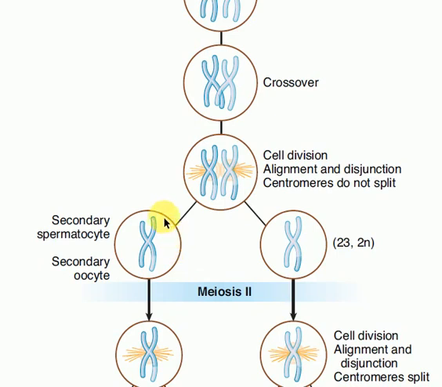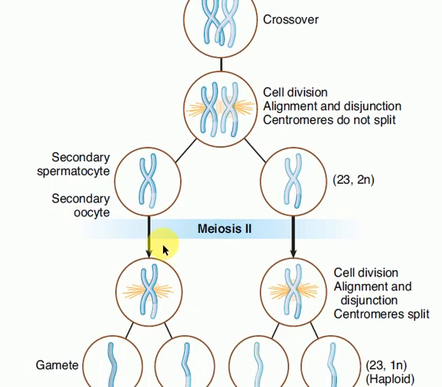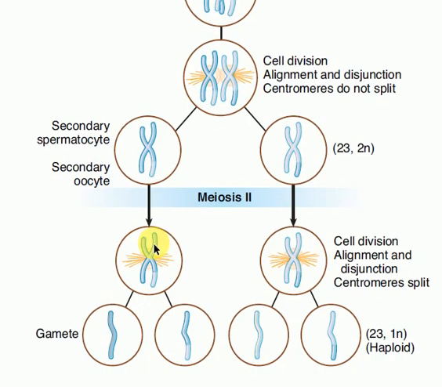And it goes up till the metaphase of the second meiotic division, and then it gets arrested once again. And it stays there, frozen in the metaphase of the second meiotic division.